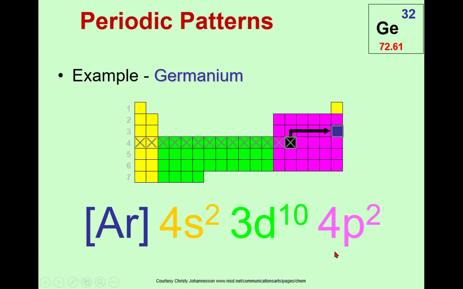Let's see again the last ending orbital and the number, and what we have to interpret from it. Look, here is 4. So 4 means germanium is present in the 4th period. And here is the number 2. Number 2 means germanium is placed in the second column of the p block elements, or you may call it the second group of the p block. Similarly, these colors show the p orbital.